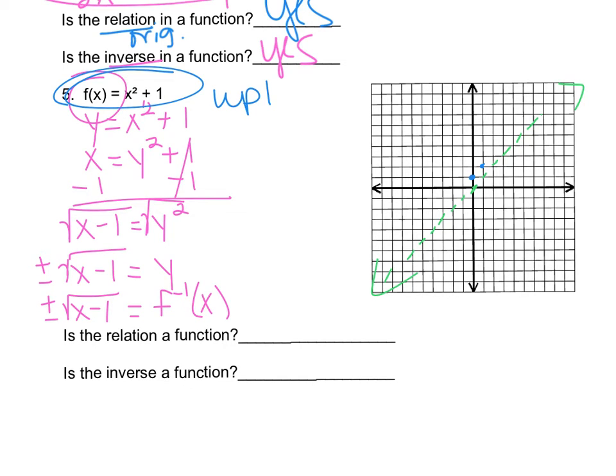And then if we plug in a 2, we get 4. So from that vertex, we're going right 2, up 4. And then 3, 9. So again, from that vertex, 3, and then 9. And then we know we can reflect those points to find the other part of the parabola.